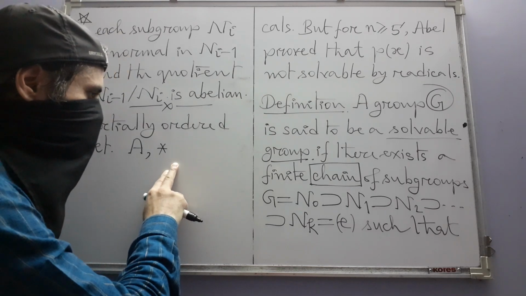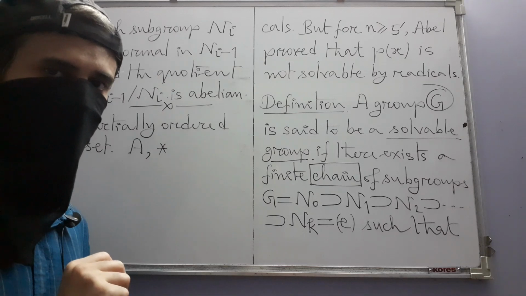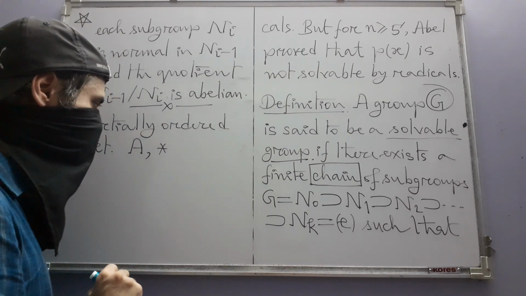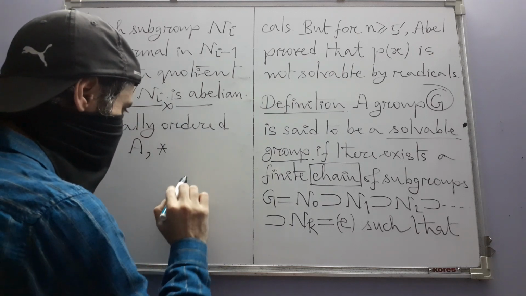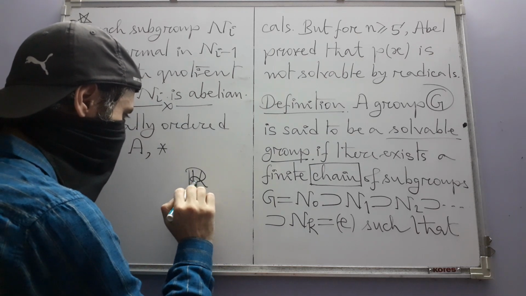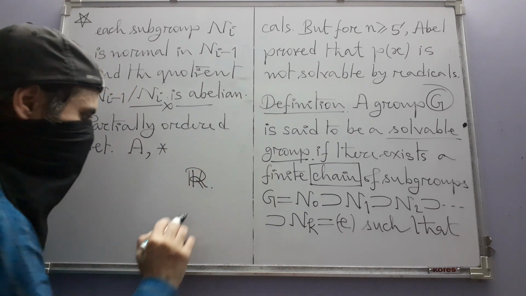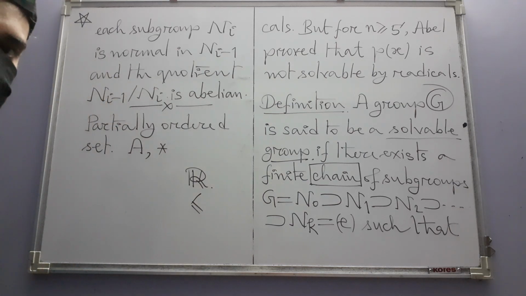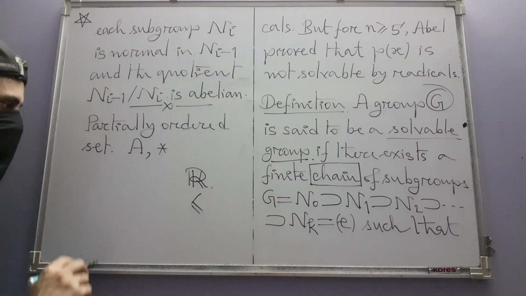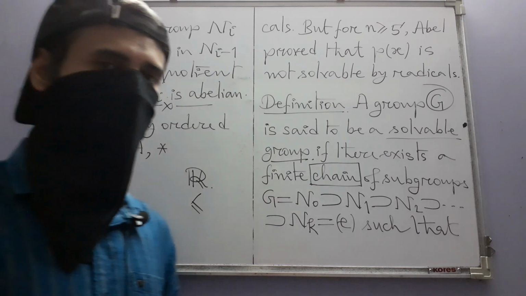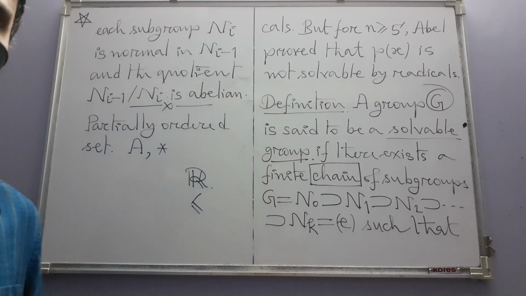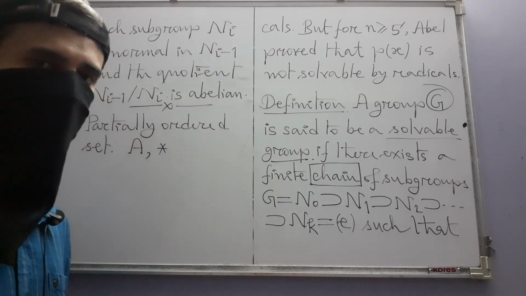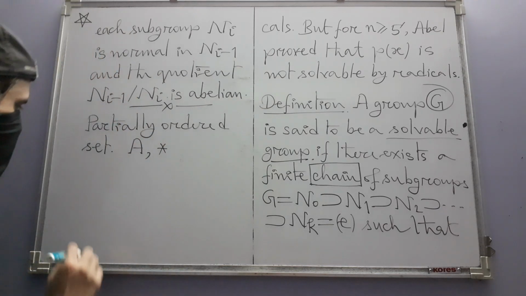For example, in the set of real numbers, you have the binary relation less than or equal to, something like that. Such a relation is said to be a partial ordering relation or a partial order if it has three properties.